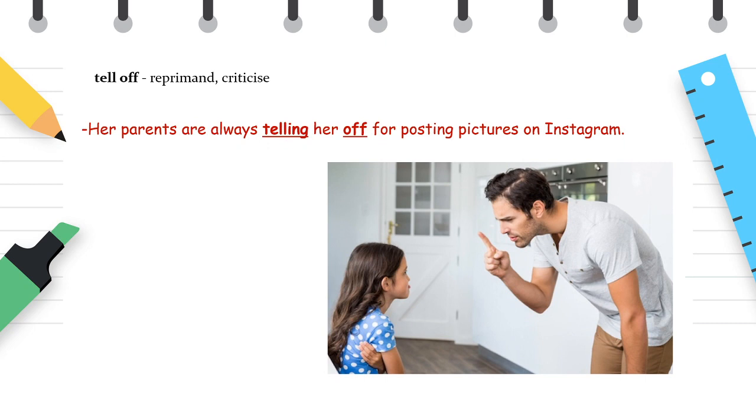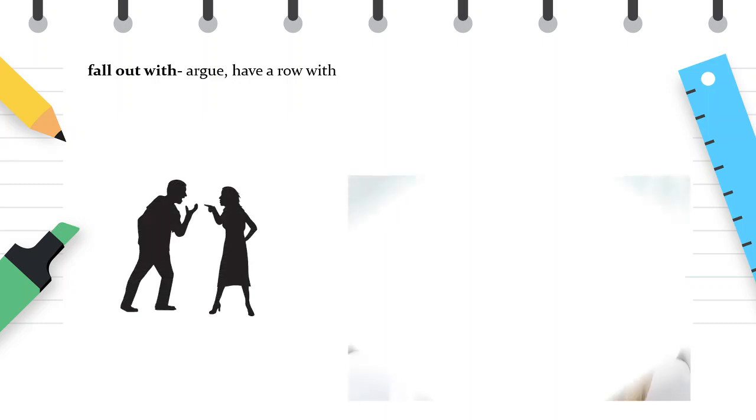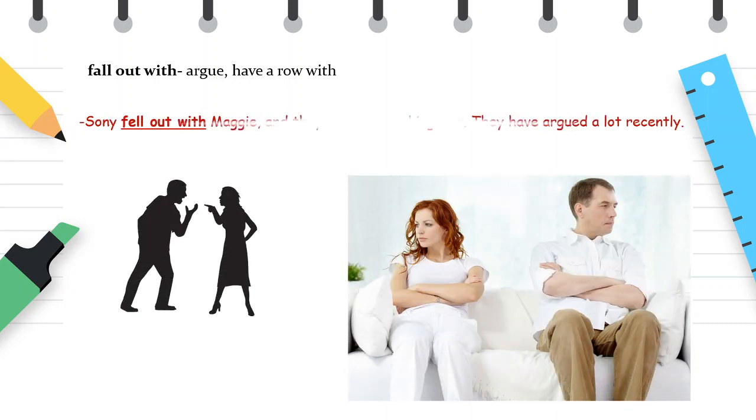Her parents are always telling her off for posting pictures on Instagram. Fall out with, argue, have a row with. Sonny fell out with Maggie, and they are not speaking now. They have argued a lot recently.